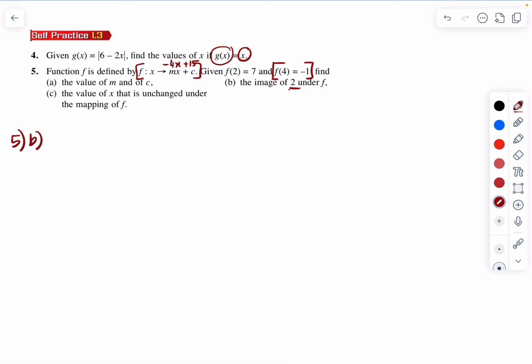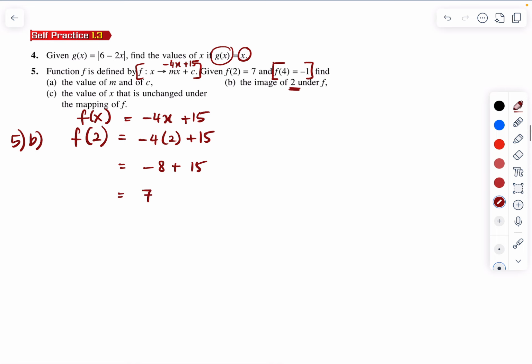So 2 is the object, we need to find the image. So we need to find f(2). So we know the equation of f(x) is negative 4x plus 15. So f(2) will be negative 4 times 2 plus 15. Negative 8 plus 15. This will give us 7. So f(2) is 7, AKA the image of 2 is 7. Okay, done.